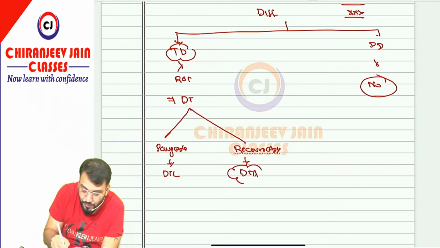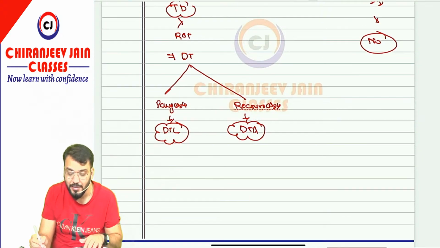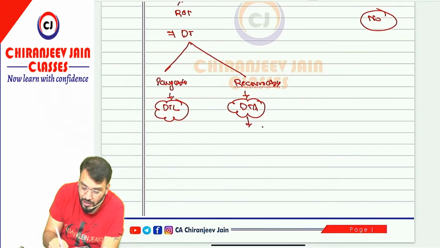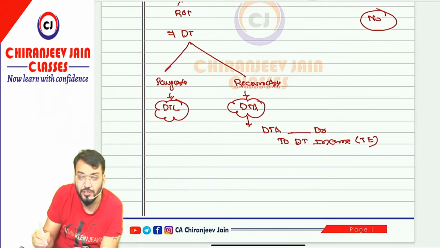Now we need to understand when to recognize DTA and when to recognize deferred tax liability. Now for deferred tax asset, what journal entry will we do? Deferred tax asset to deferred tax income, which means this will give rise to some income, or we can say it will reduce tax expense. Correct.